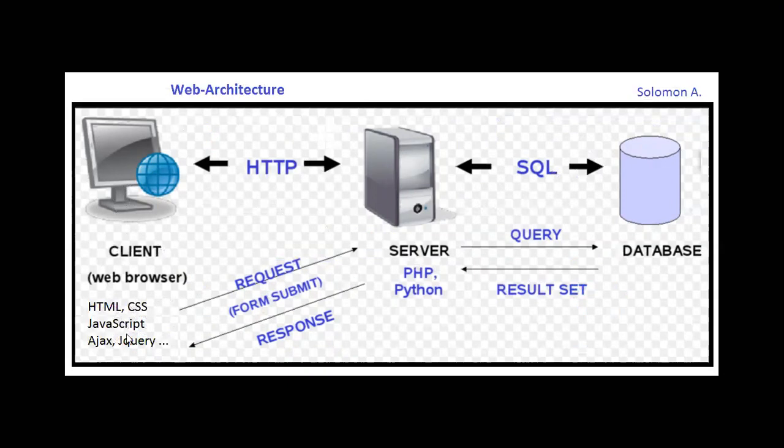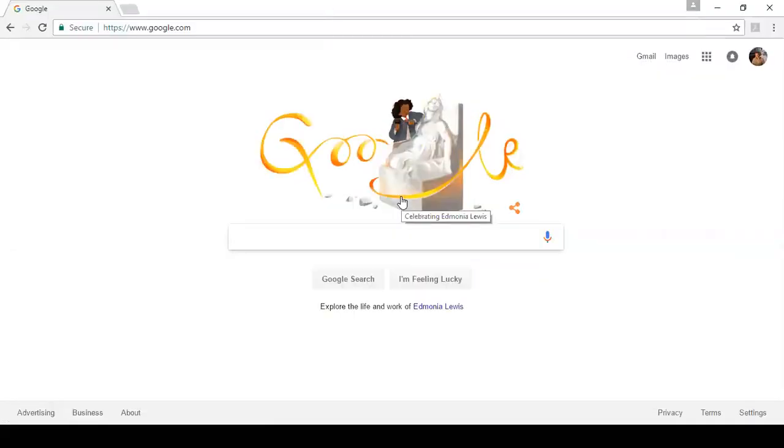JavaScript makes your site dynamic and interactive, and jQuery and similar tools do the same thing but also connect to the server. So what you see over here is CSS, JavaScript, and jQuery working.